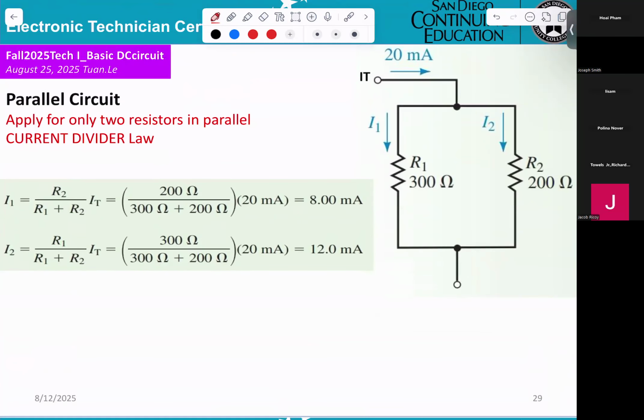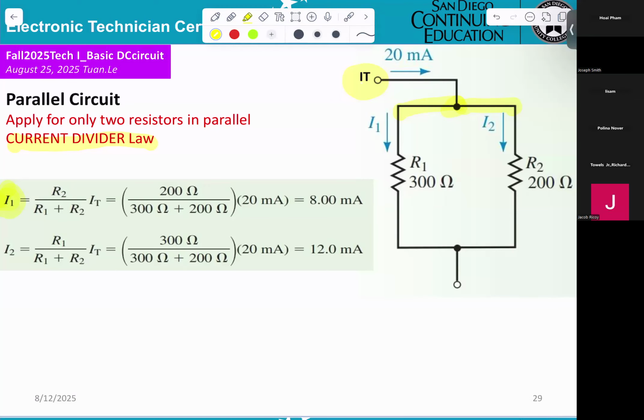Okay, now. Current divider law. You see that the total current, when it goes to that point, splits into I1 and I2. Okay? You can use the current divider law. You want I1. Okay?